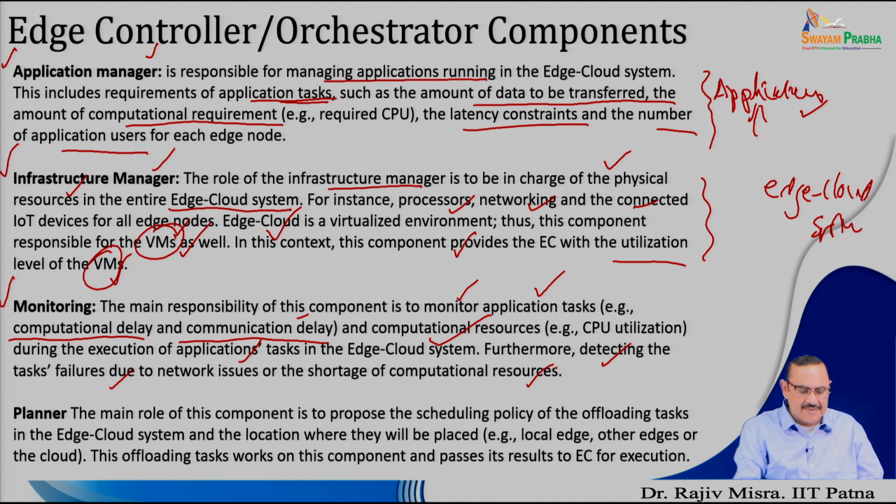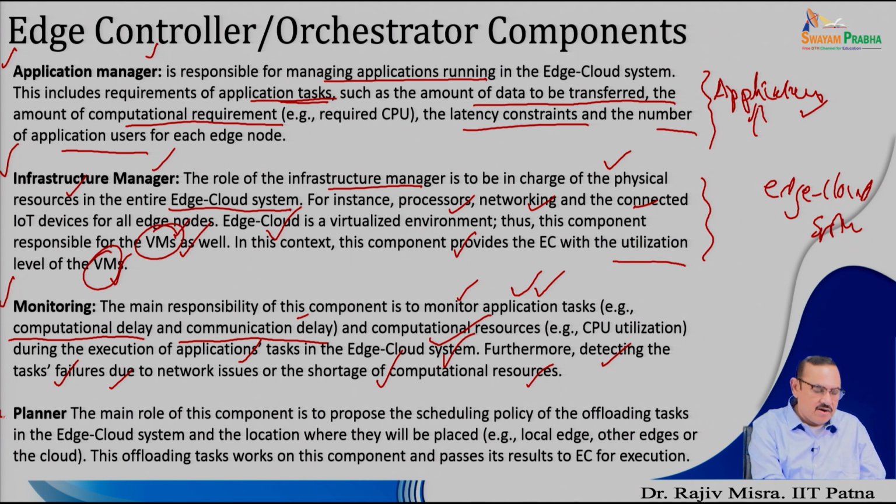Let me summarize that the monitoring is to monitor the application tasks in terms of computational delay, communication delay and the computational resources during the execution of the application task in the edge cloud system, and it will also monitor task failure due to the network or shortages of the computational resources.